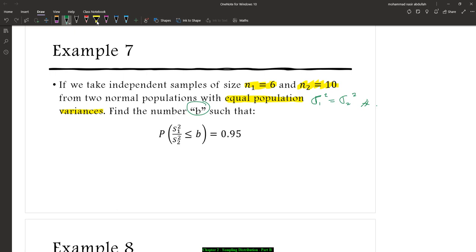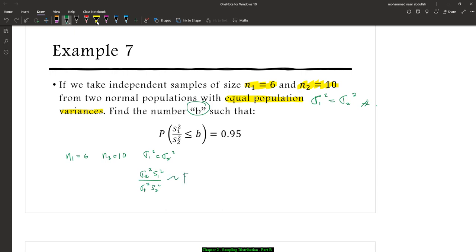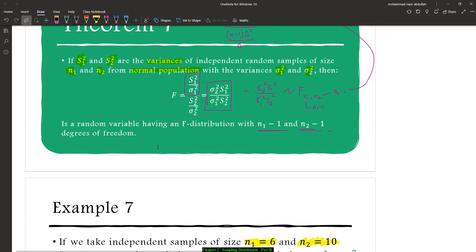From here we know n1 equal to 6, n2 equal to 10, and sigma 1 squared equal to sigma 2 squared. Sigma 2 squared S1 squared divided by sigma 1 squared S2 squared has an F distribution with V1 and V2 degrees of freedom, based on theorem number 7.